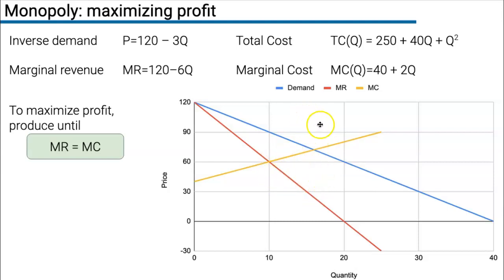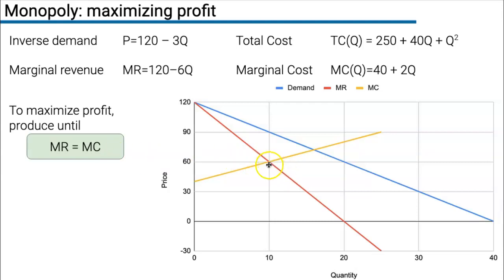And so the condition here is, well, produce as long as each additional unit of output is profitable. So stop exactly when the additional profitability of output equals its additional cost. So a monopoly would stop where marginal revenue equals marginal cost. And we can find that quantity two different ways.